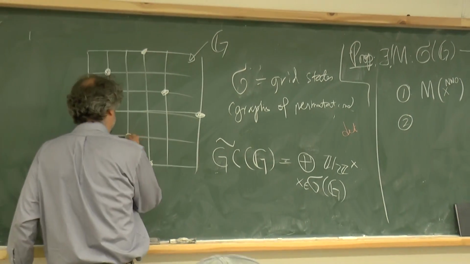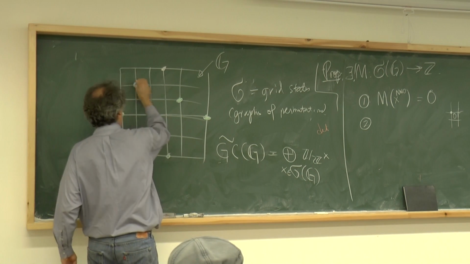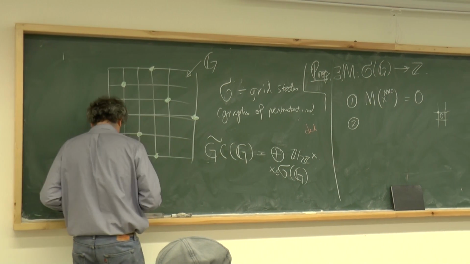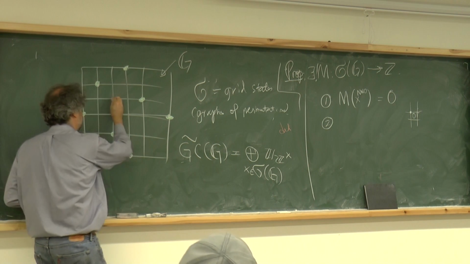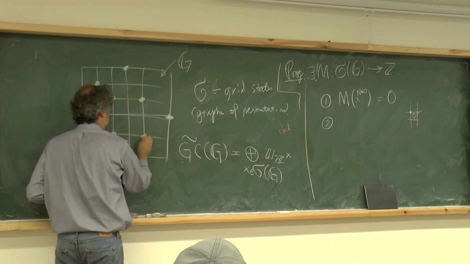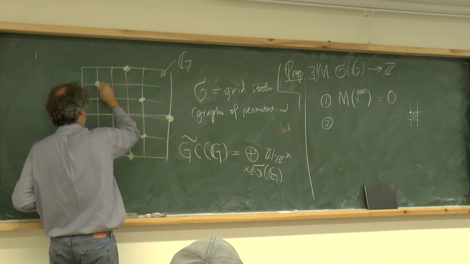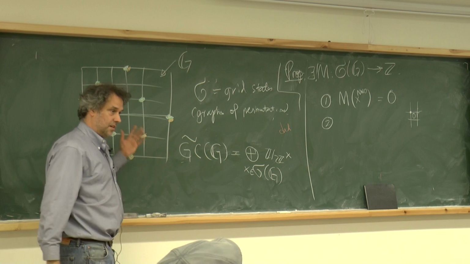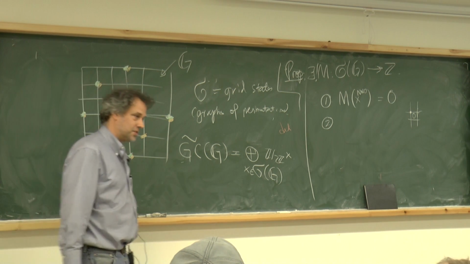So if I have a grid state, which is this green grid state, then you can imagine another grid state, which is the same as this green grid state, except at exactly 2 points. And so I have this green grid state and this orange grid state.